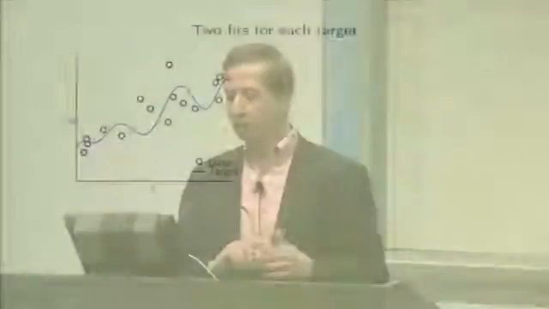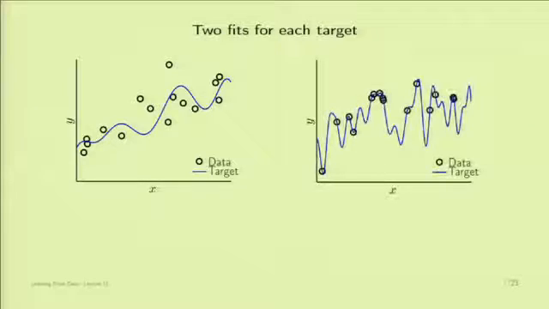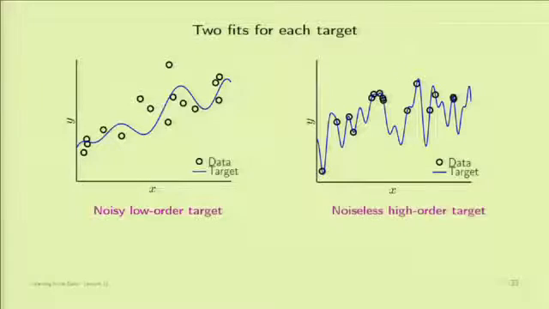I'm going to have two models to fit every case and see if I get overfitting here, and if I get it here. So this is the first one that we saw before, the simple target with noise, and this is the other one, the complex target without noise, 10th order, 50th order. We'll just refer to them as a noisy low order target and a noiseless high order target.